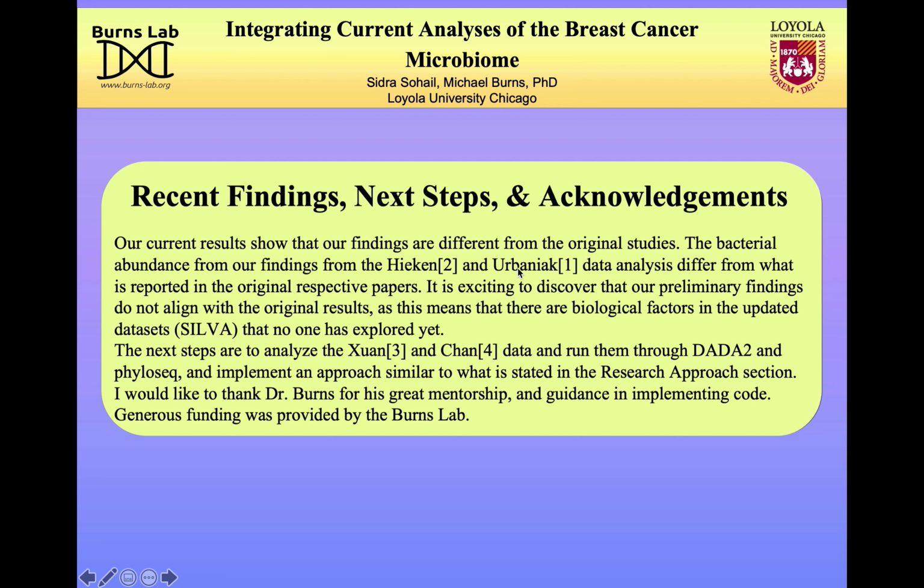Both of these data are a few years old. The Urbaniak paper was published in 2014 and the Heekin paper was published in 2016. And the data sets that I'm using were recently published, a few months ago.